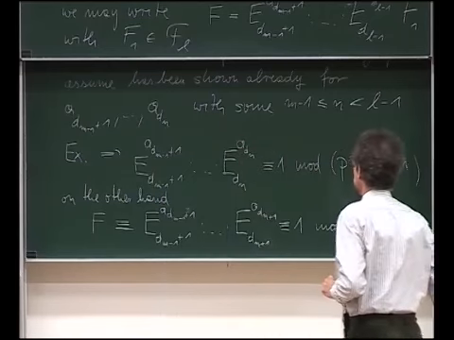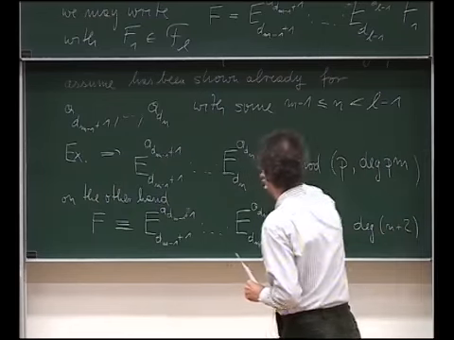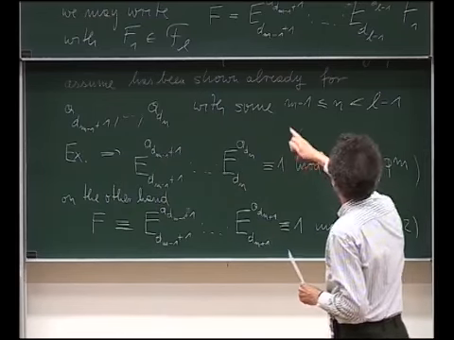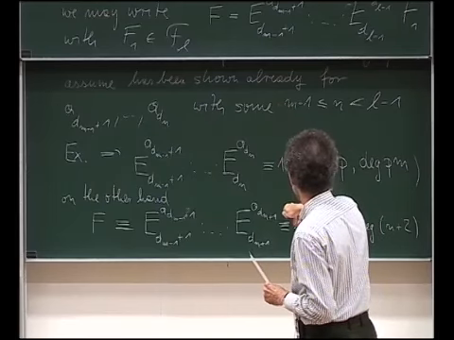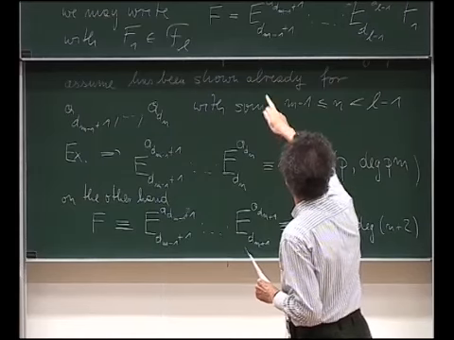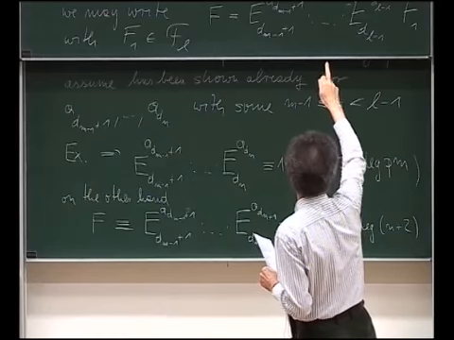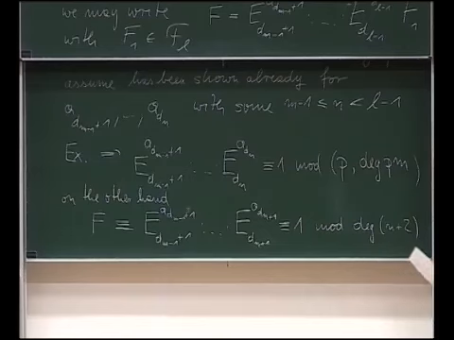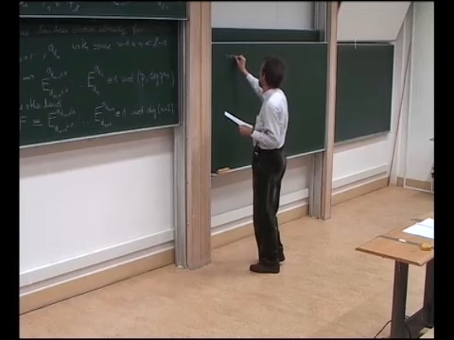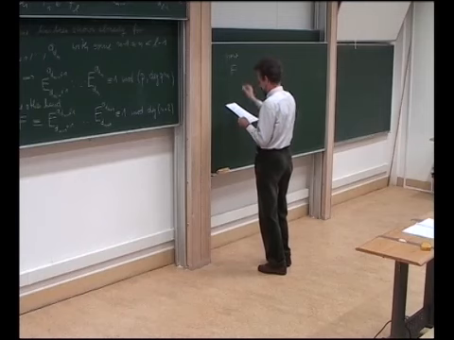I have to put n plus 1 here, right? It's important, I want to get this for the step of the induction. So it's d sub n plus 1 up to d sub n plus 1. They all lie in F_{n+2}, and therefore they disappear mod degree n plus 2.